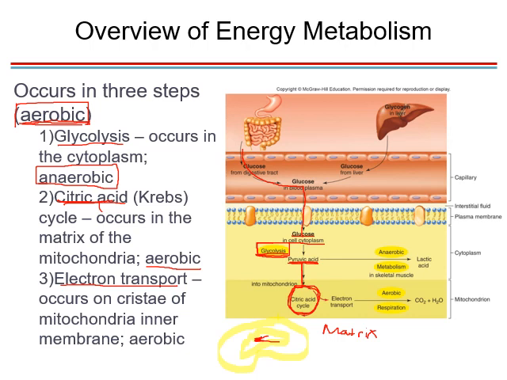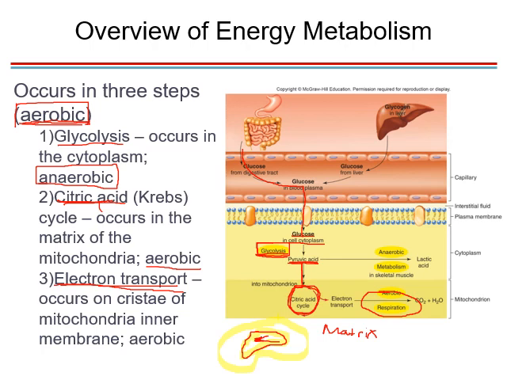Electron transport chain is the last process in this aerobic cellular respiration, because again, we need oxygen for this electron transport chain to take place. And that is actually going to occur on this inner membrane here.